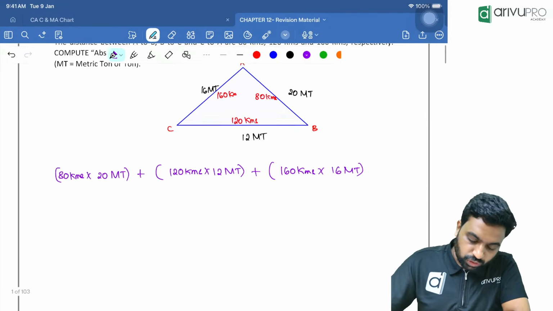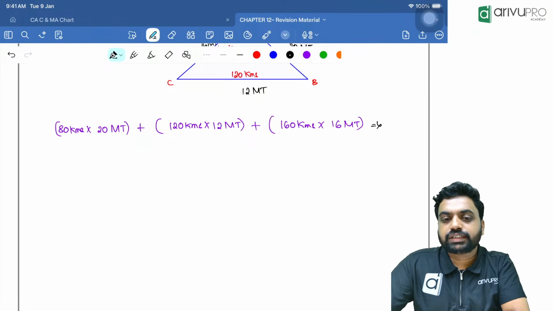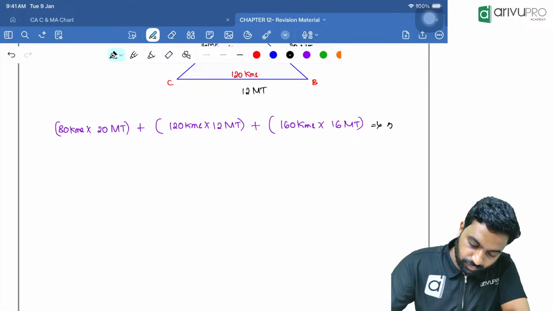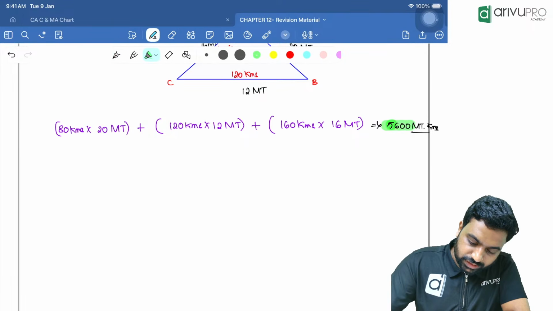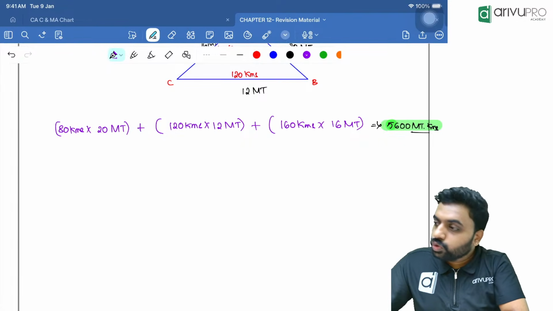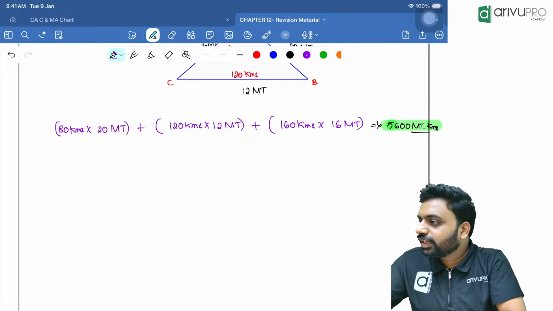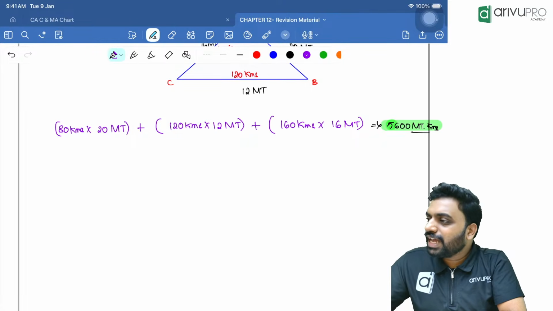So may I know the total metric ton kilometers? 5,600 metric ton kilometers.